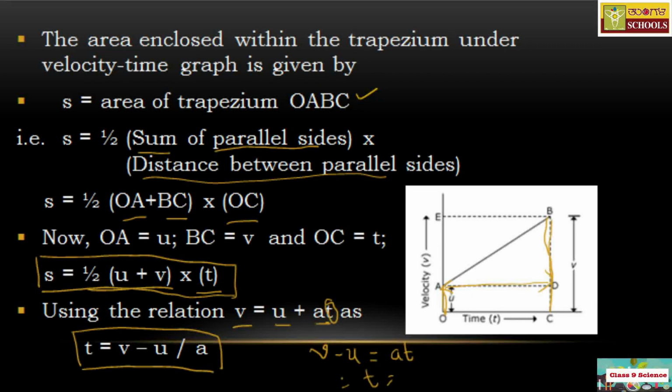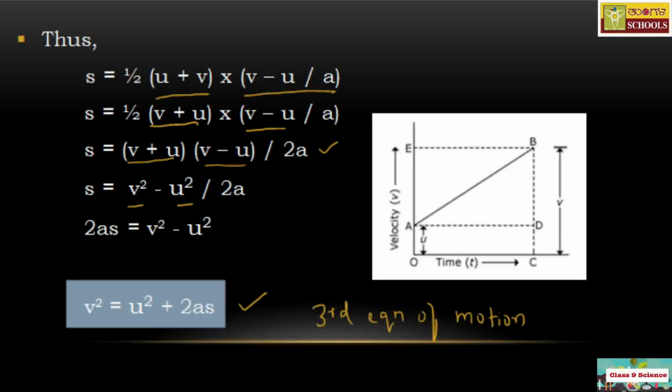By substituting that value in the expression, you will get S is equal to half u plus v into v minus u by a.